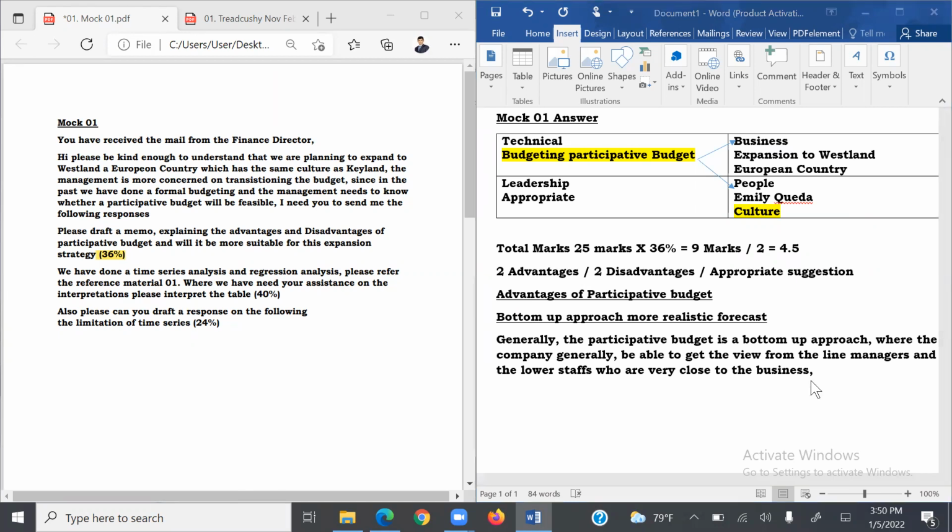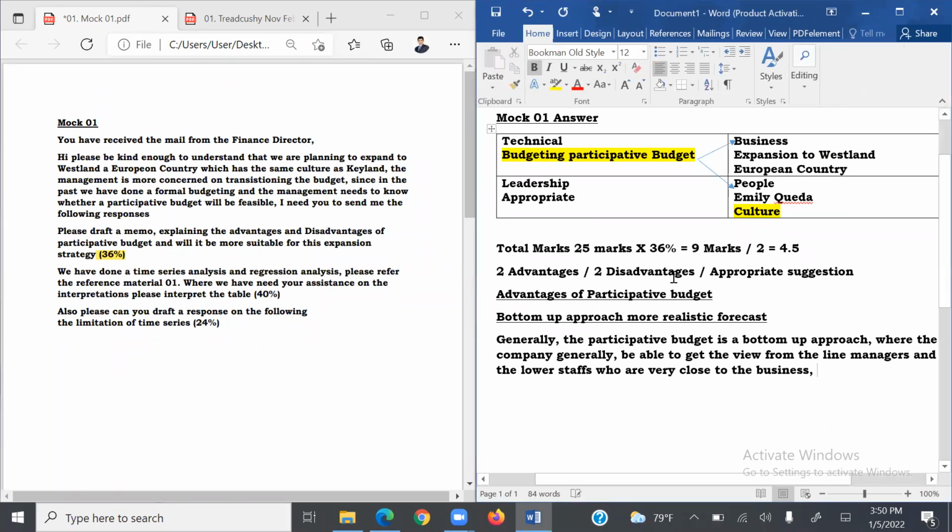So technically we have written that point. So I will try to connect it so that it will be easier.